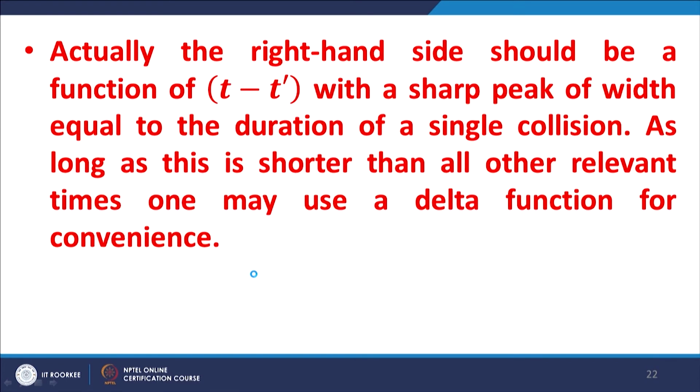Right. Now, while talking about this, we have taken a certain approximation, and a very strong approximation. The approximation is that the time span in which the impulse of the force acts on the Brownian particle due to the collision is very small.